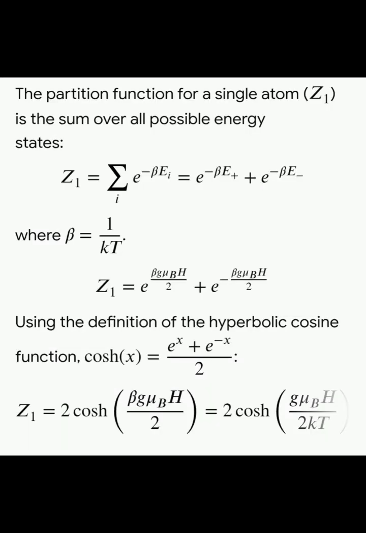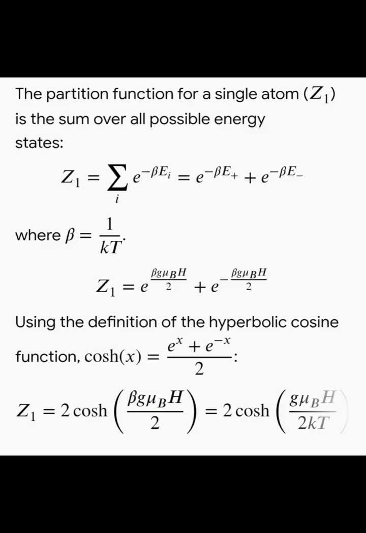So the partition function of a single atom is Z1 is equal to summation over i of e raised to minus beta E i, and this is equal to e raised to minus beta E plus plus e raised to minus beta E minus. Substituting the values of E plus and E minus, we can write Z1 is equal to e raised to beta into g mu B H by 2 plus e raised to minus beta g mu B H by 2.